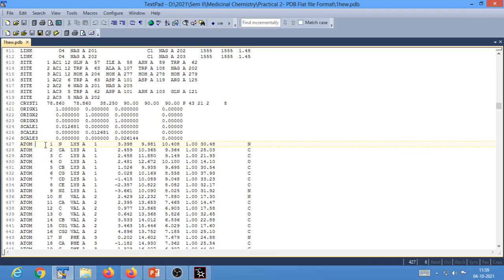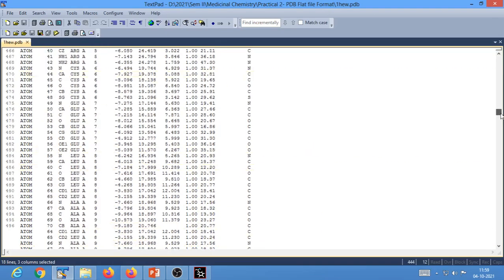Okay, so what you can count over here is that the lines are continuous throughout, and this indicates that this is the first atom in your PDB file. This line corresponds to the second atom in your PDB file, the third atom, the fourth atom, and so on and so forth.